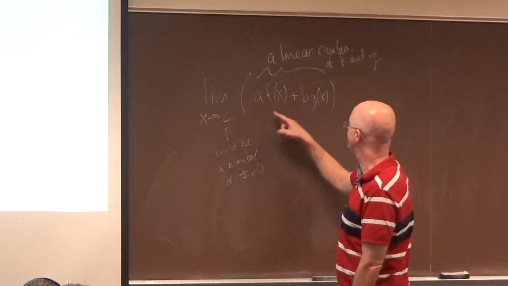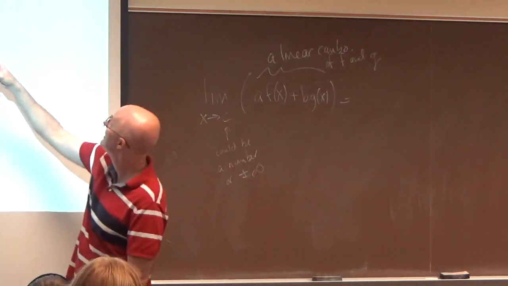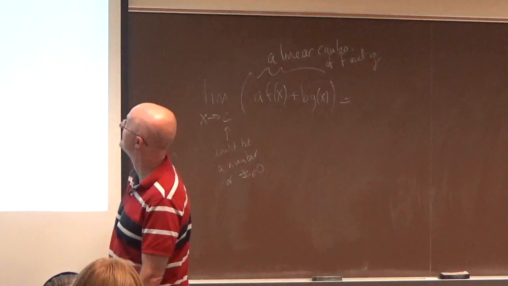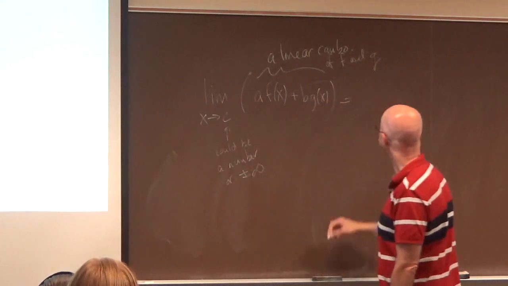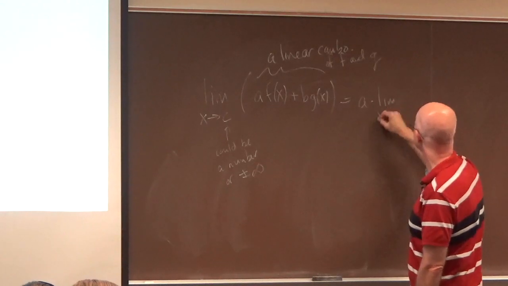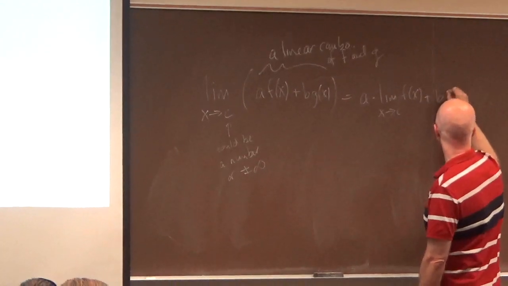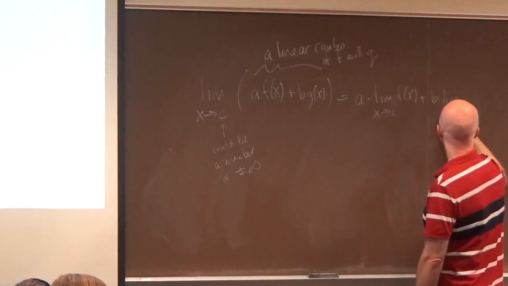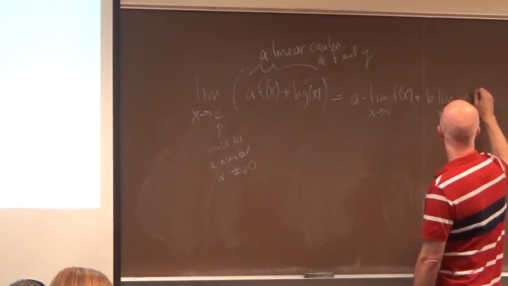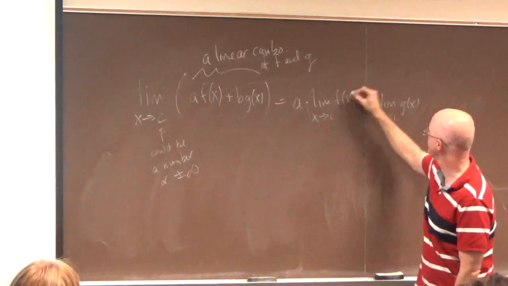So that's the limit of a linear combination. What does this property say? It says it's the corresponding linear combination of their limits. What does that mean? It means the answer is this: a times the limit as x approaches c of f of x plus b times the limit as x approaches c of g of x. That's the corresponding linear combination of their limits.